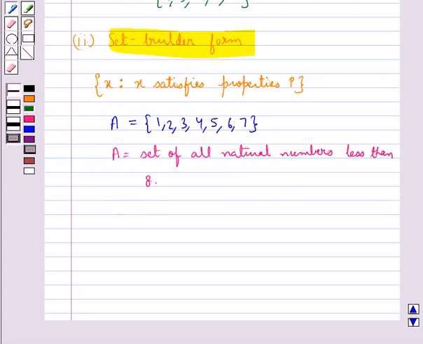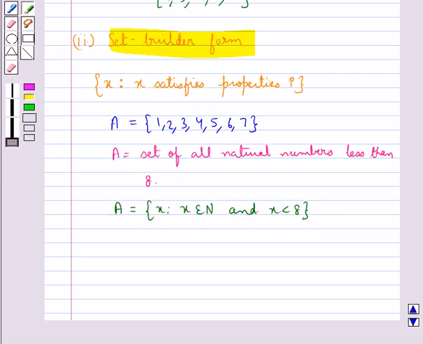So in the set builder form, this can be written as x colon, that is, x such that x belongs to N, that is, x is a natural number and x is less than 8. This is the set builder form of the given set A.